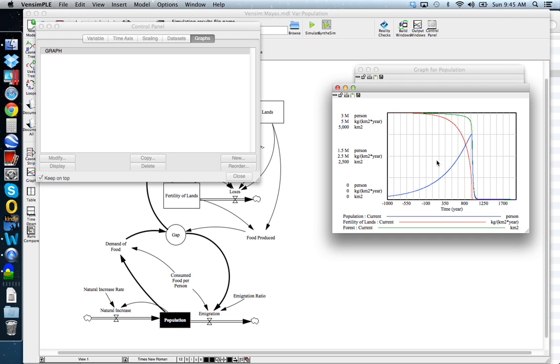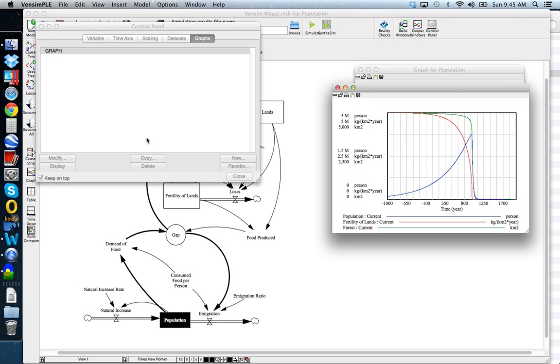Still, the fertility of the lands was never able to catch up with the availability of forests, nor with the exponential growth. So it's an interesting story, and it also shows how things can collapse very quickly to a point that it's not able to recover.